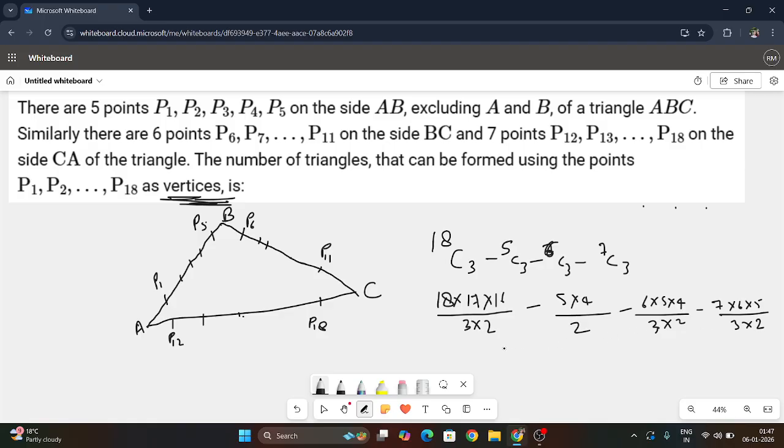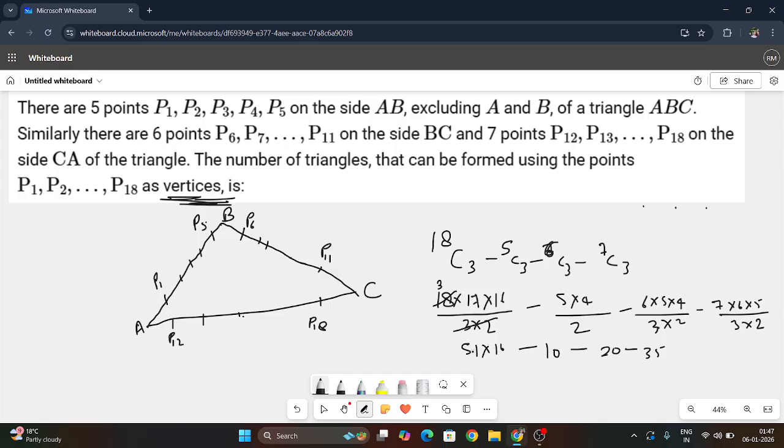Now let's solve it. 3 sixes are 18. Now 51 multiplied by 16 minus 10 minus 20 minus 35.